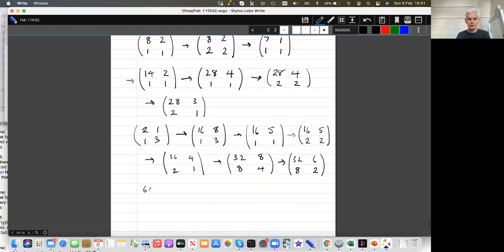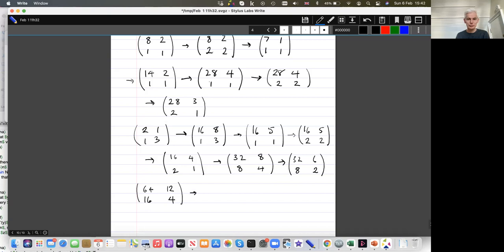And maybe 64, I'm going to double everything. 64, 12, 16, 4. So now I've got a ratio of 4 and a ratio of 3. Can I make that into a ratio of 4? No, unfortunately. I can make it into a ratio of 5. But can I then make this into a ratio of 5?